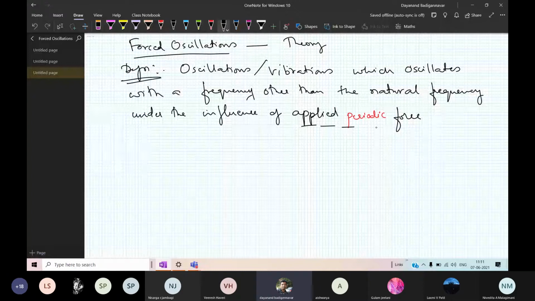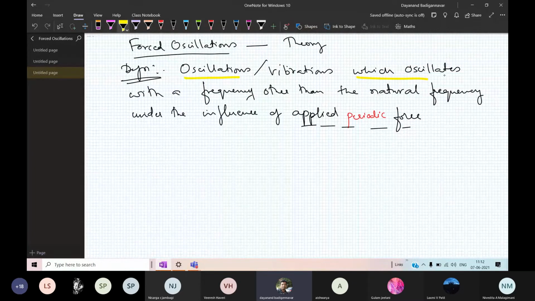You are getting the point? Forced oscillations are defined as oscillations in which the body oscillates with a frequency other than its own natural frequency.